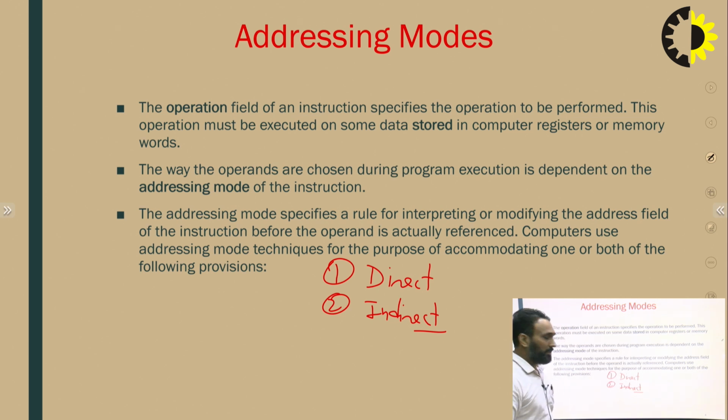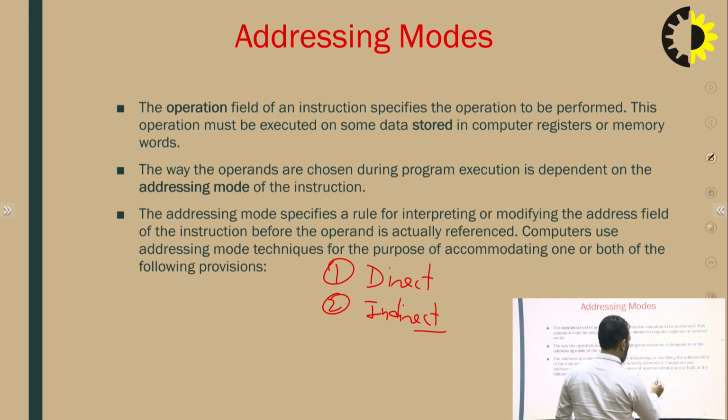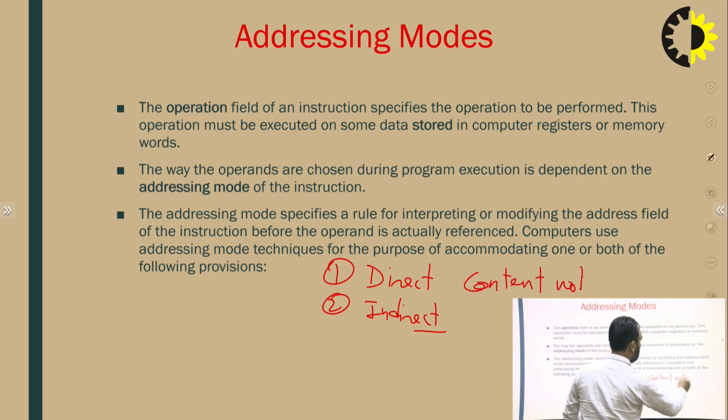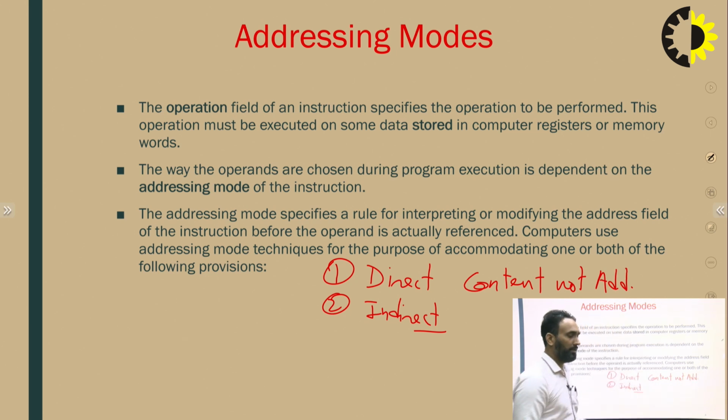In direct addressing mode, we talk about the content, not the address. There are different methods like direct addressing mode, register mode, and immediate mode. These are the types of direct addressing mode.